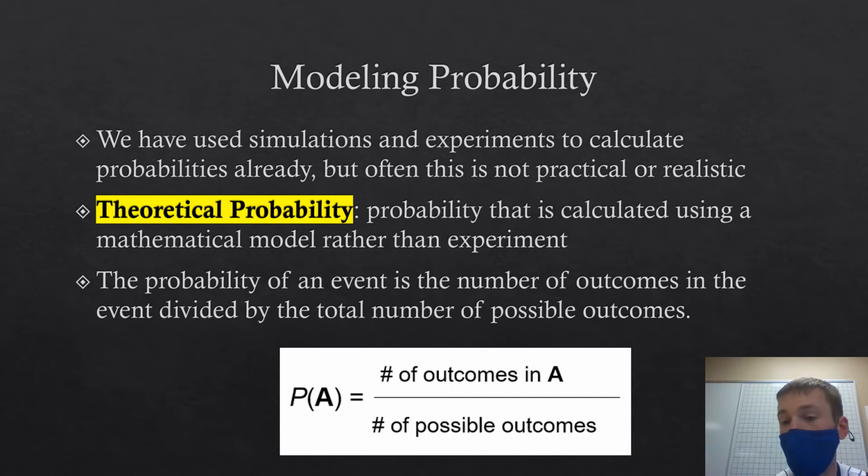So if we're talking about flipping a coin and we want to know the probability of getting 10 tails out of 20, then we would say, oh, we landed on tails 10 times, that's event A, that would go on the top, and we flipped a total of 20 times, that's our outcome on the bottom, so that would be 0.5. 10 divided by 20 is 0.5.